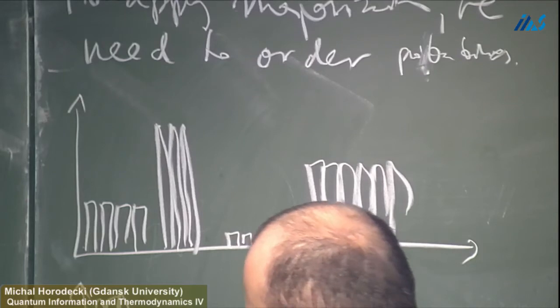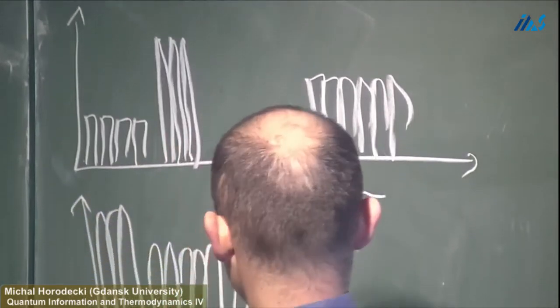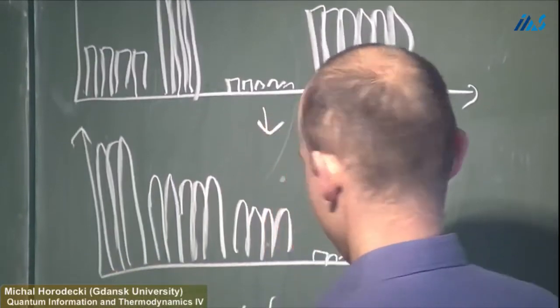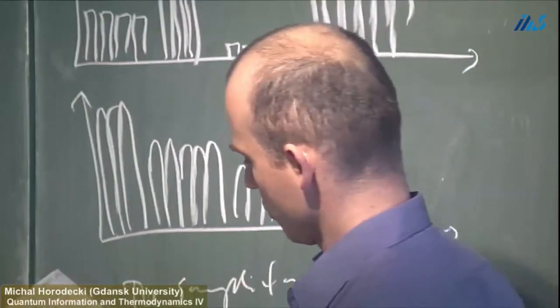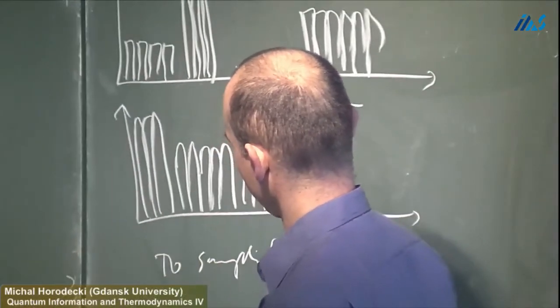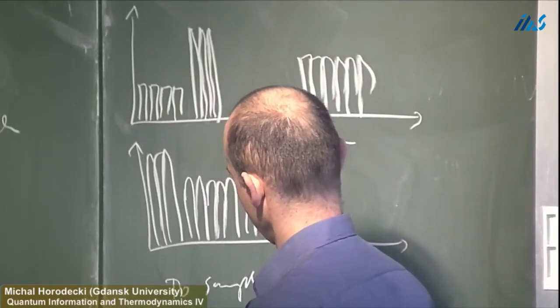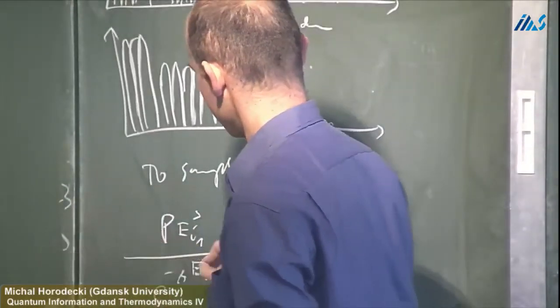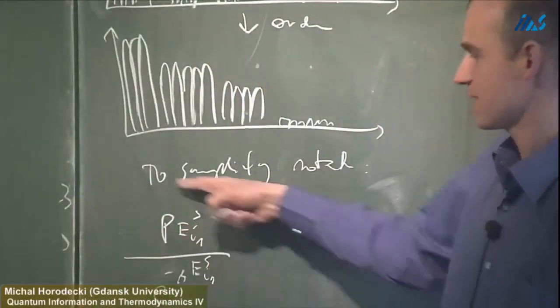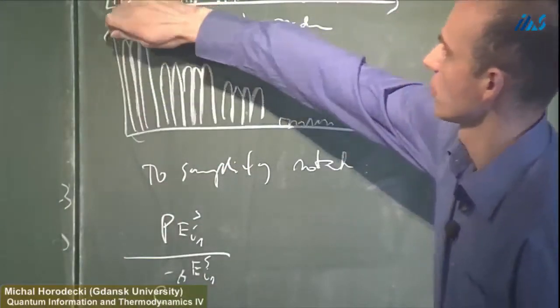To simplify notation, I propose to call this ordered. Now I ordered this. So it's not E1 but EI1, which means that this is this largest one, which is not the first one.